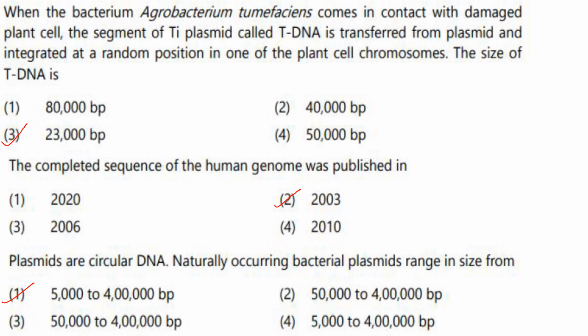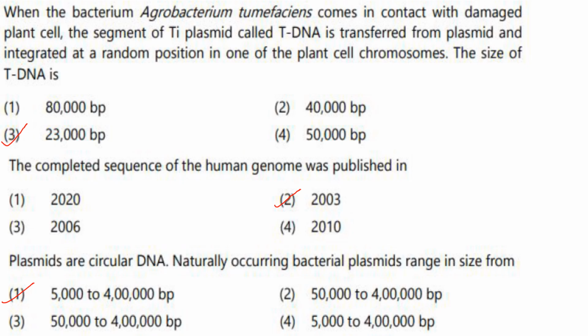It has a plasmid called Ti plasmid, and this Ti plasmid has a tDNA region between its left and right borders. It will transfer the tDNA into the plant cell chromosome, and this tDNA gets integrated at a random position in the plant cell chromosome.